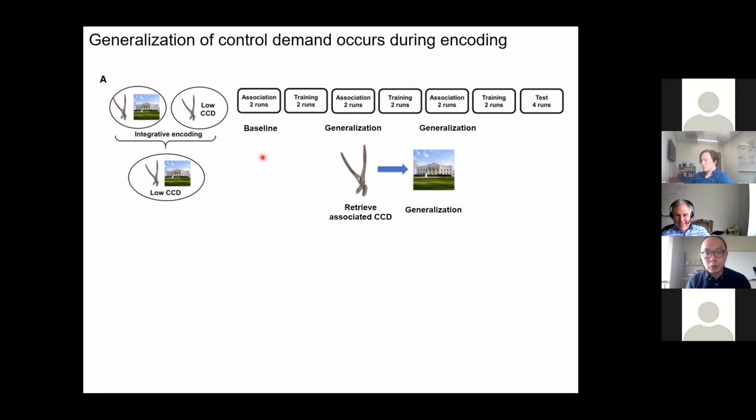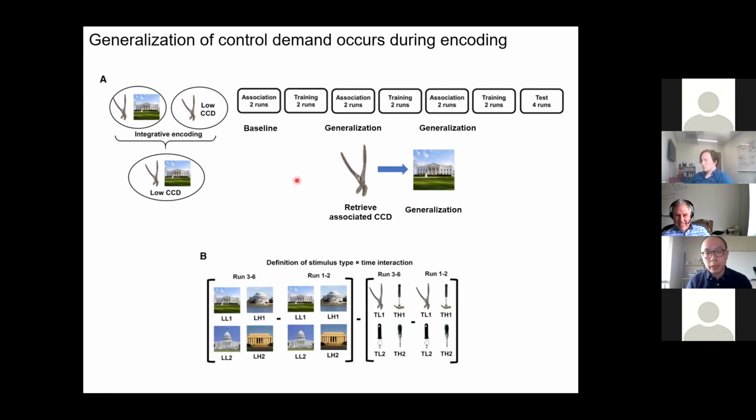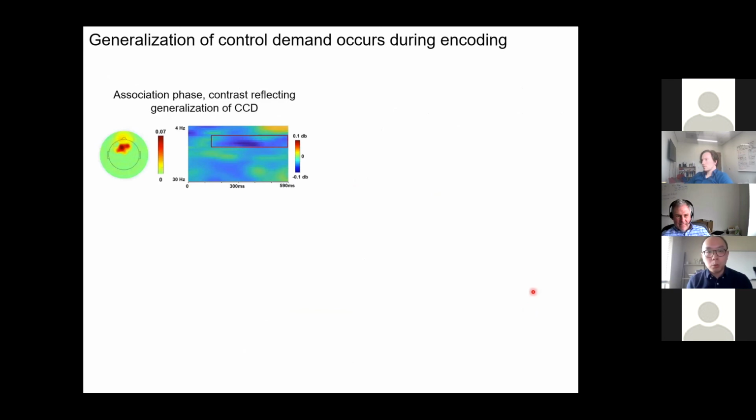By taking those two contrasts together, we have this interaction effect that we look for. Then we'll get into the EEG data. Again, it's a time frequency analysis. And what we found is that this interaction effect is shown in medial frontal channels, peaking around maybe 350 milliseconds post the presentation of the landmark.